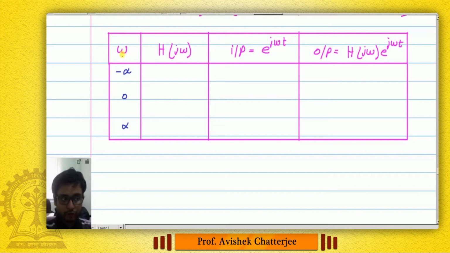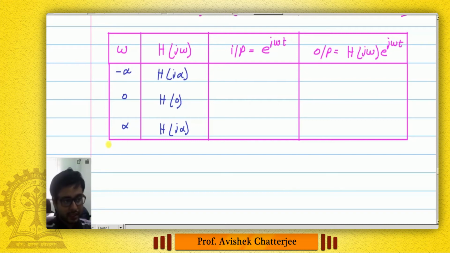For each of these omega values, we can calculate H j omega at those values, and then for any input of the form e to the power j omega t, the corresponding output will be the input multiplied by these constants.